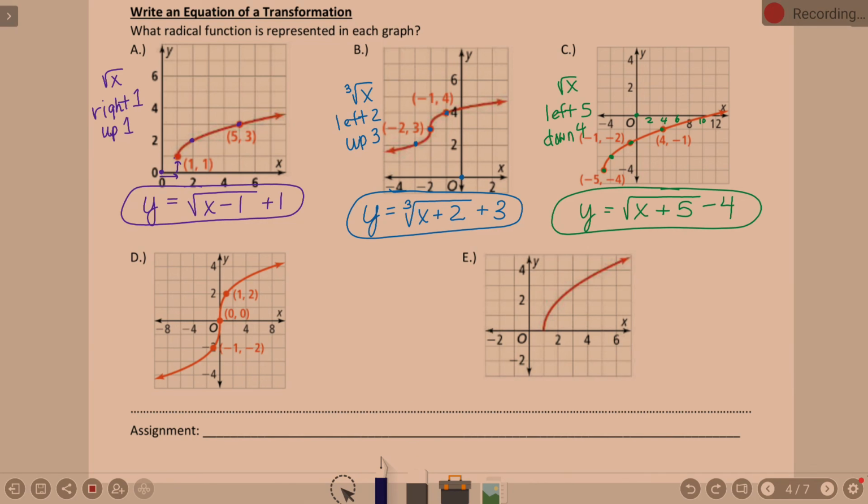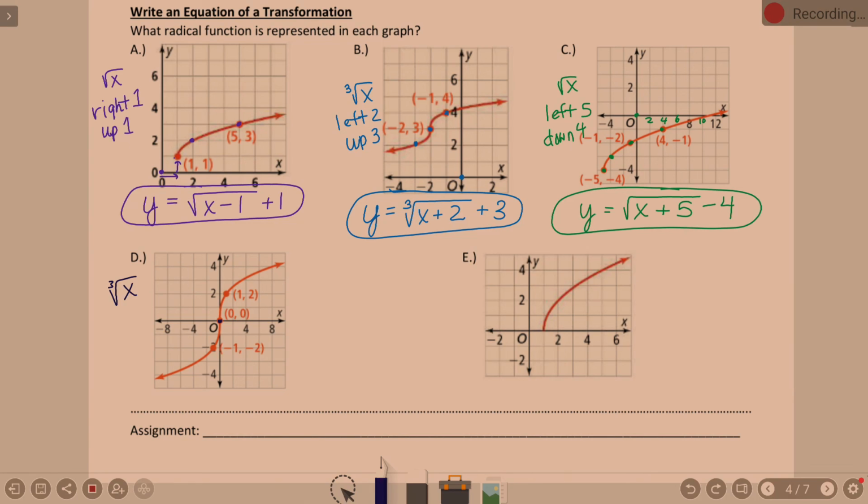Okay, D. We've got a cube root graph. What else? Vertical stretch this time? And here's the deal. The center's at 0, 0, isn't it? So did it move left or right? Did it move up or down? Did it reflect? No, the only thing we've got to check here is your stretch.